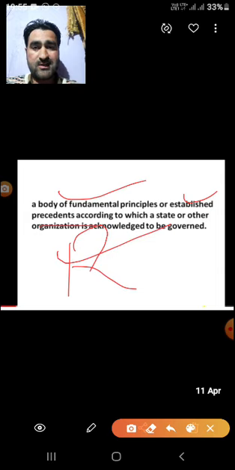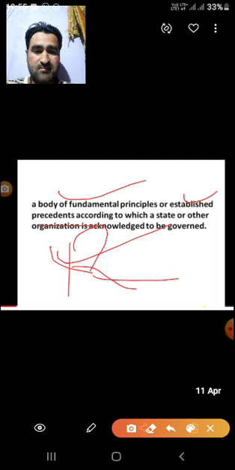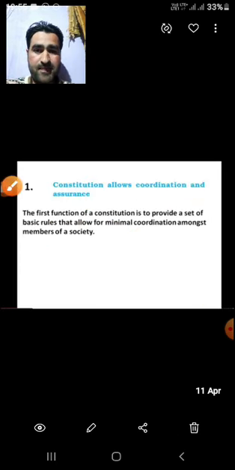It also contains certain restrictions that restrict an individual to interfere in the personal lives of other individuals. So that is the most important thing that is to be kept in the mind. Now let us go to the functions of the constitution.